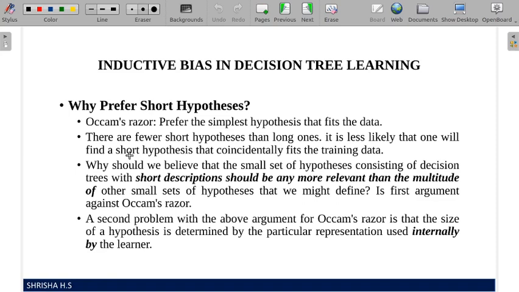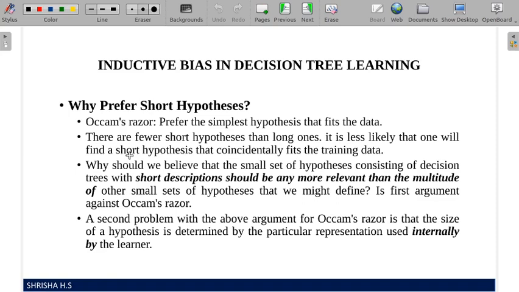There are many complicated hypotheses and many short hypotheses. So how can we say that a short description is any better than the remaining complicated hypotheses? That's the argument against Occam's razor.